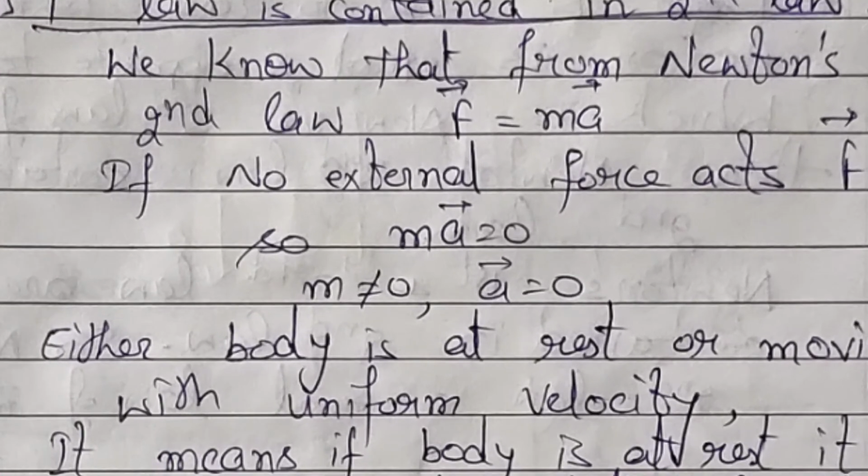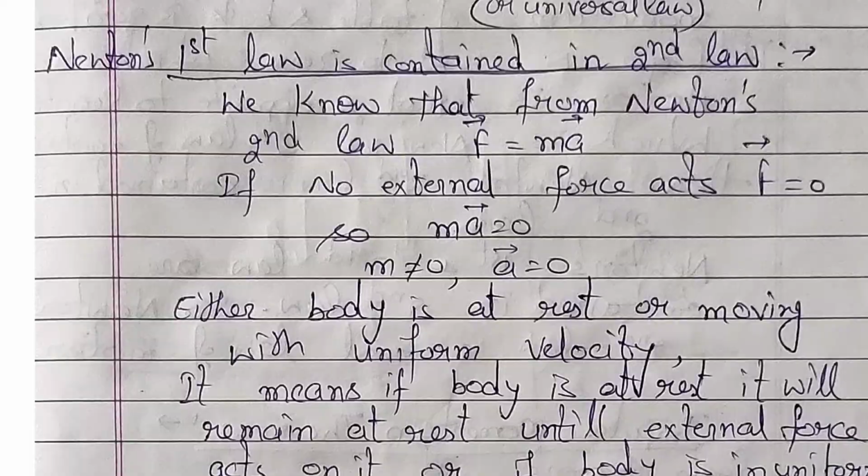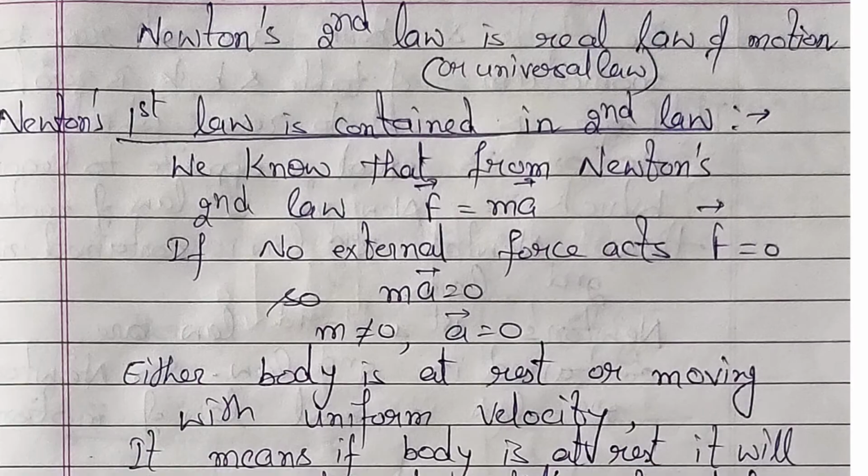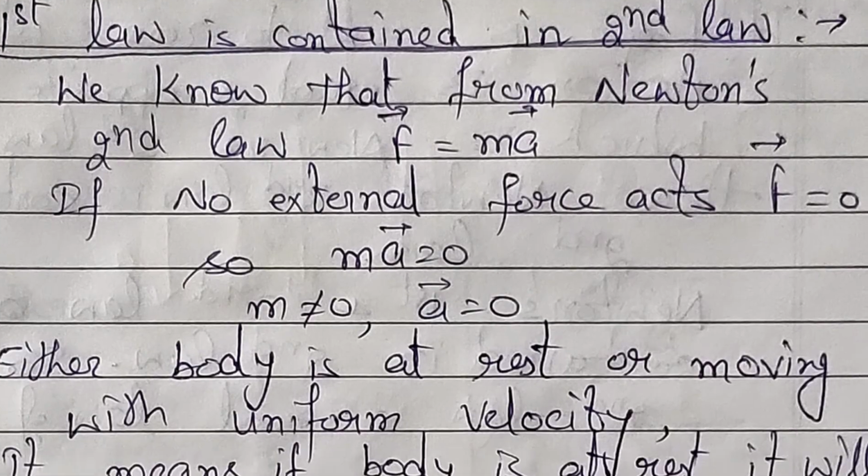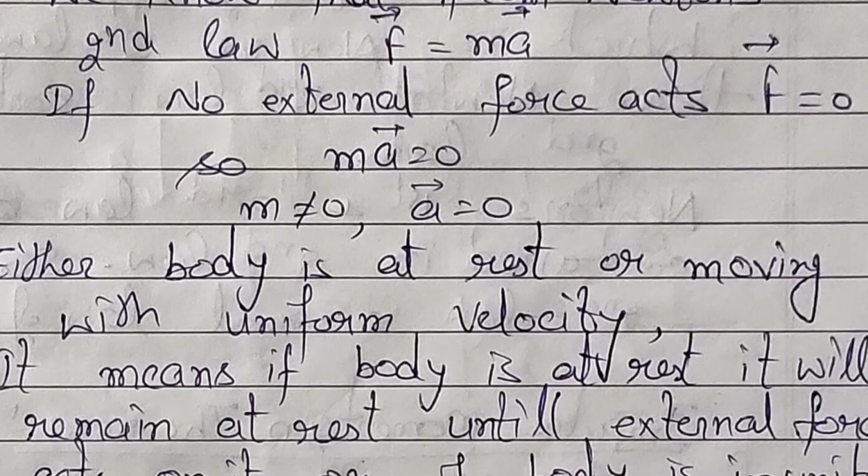Well, it is very important that Newton's second law is the universal law or the real law, because Newton's first law and third law are contained in the second law. How? Let us see. We know that from Newton's second law, F is equal to ma. If no external force acts, ma will be equal to 0.